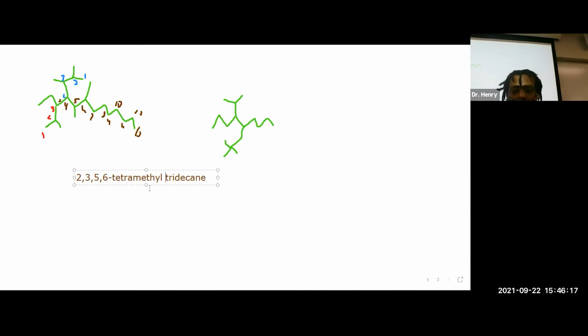Okay, parentheses. 4, parentheses. One methyl propyl.